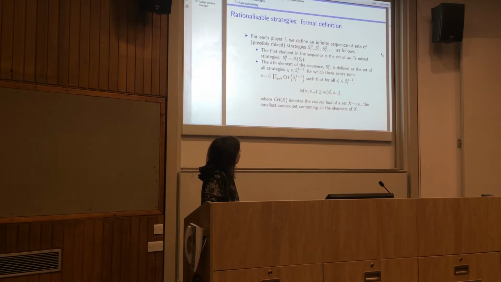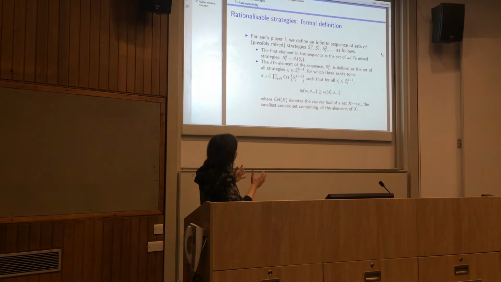So for each player I, we will define a sequence of subsets of his strategies in the following way. So the sequence may be infinite. The first element in the sequence would be the set of all his mixed strategies. And then we would refine that set as we proceed in the sequence.